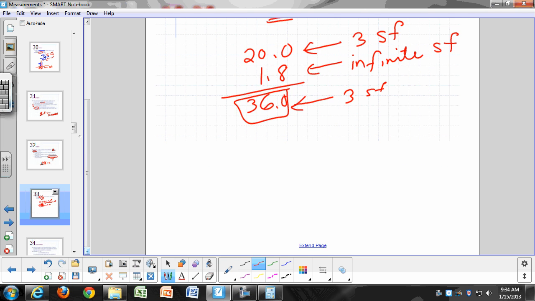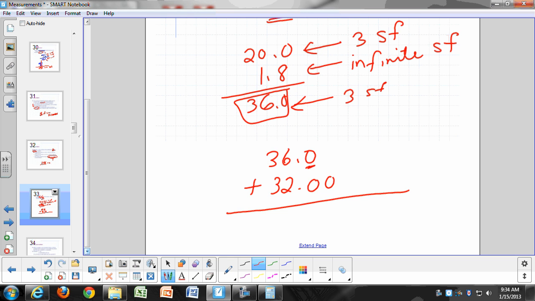Now I add 32 to that. 36.0 plus 32. So this is my last sig fig in 36.0. Remember, when you're adding or subtracting, you keep track of the last significant digit, the decimal place for it. Now 32, by definition, in this context, is an exact number. So this is really 32.000000000.